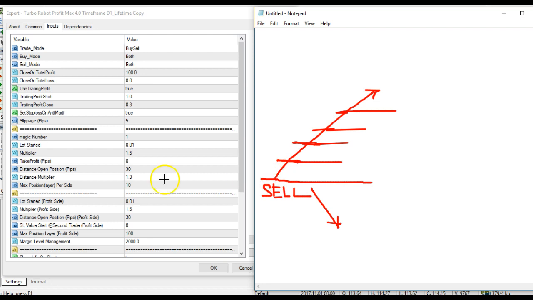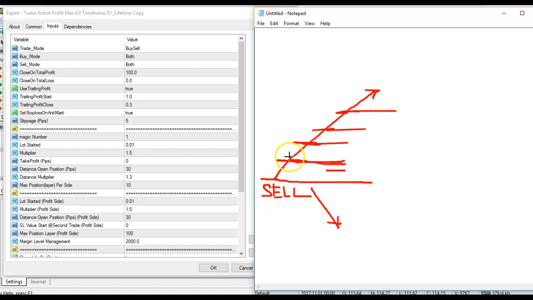Let's say this is 30 pips. Just imagine that every level is 30 pips. Even though we have a distance multiplier, to keep it easy we will use 30 pips, 30 pips, 30 pips. So your TP here will be over here, 10 pips.